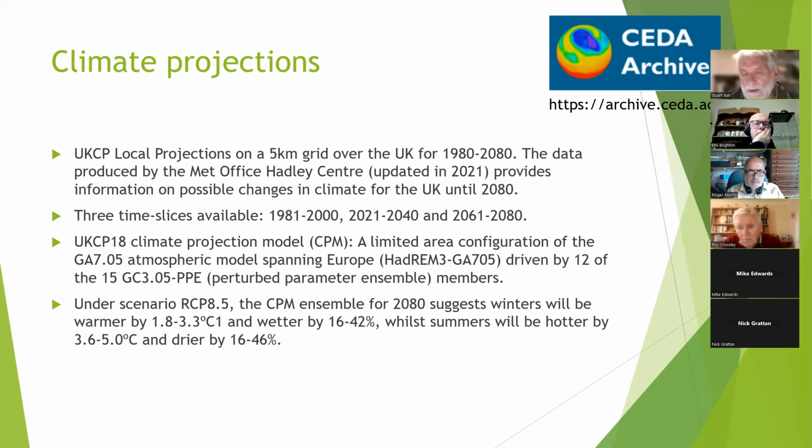You can imagine the model predicts the circulation of the air. How does that affect the transfer of heat to and from the oceans to the ground, and so on? And there's lots of stuff to do with the behavior of aerosols and the behavior of clouds and so on.